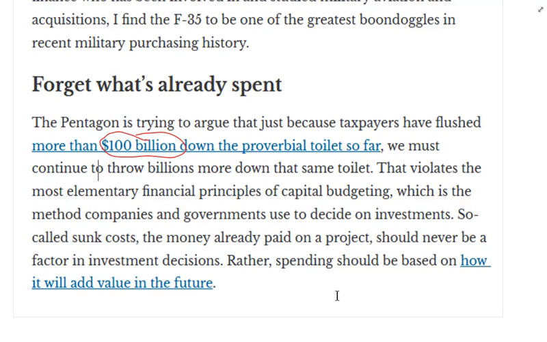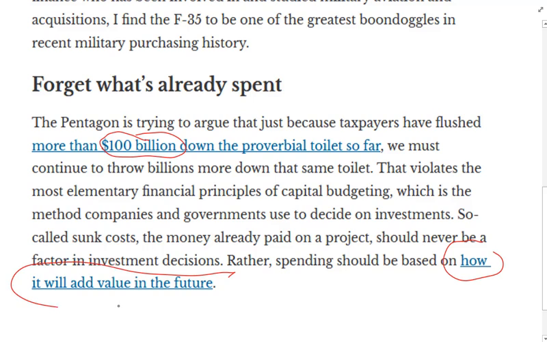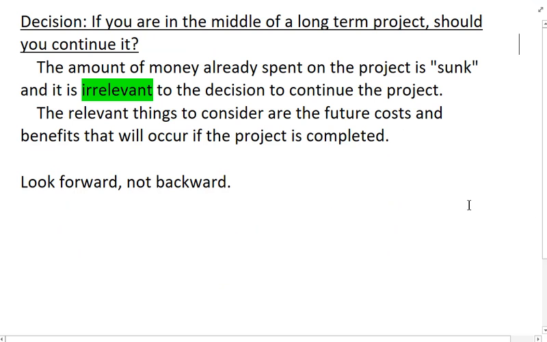And that's it, right? If you're in the middle of a long-term project, this is where you can become attached to money you've already spent. But you have to let it go, like the song says, and only think about the future.